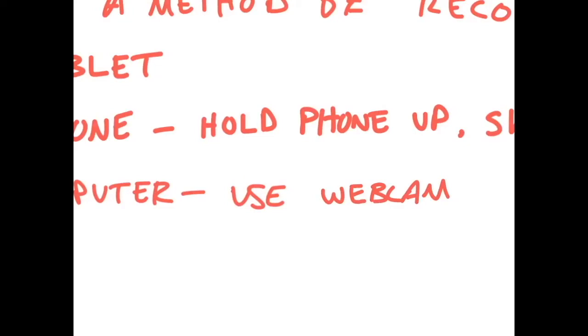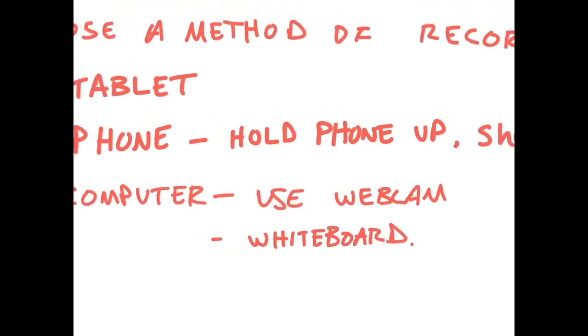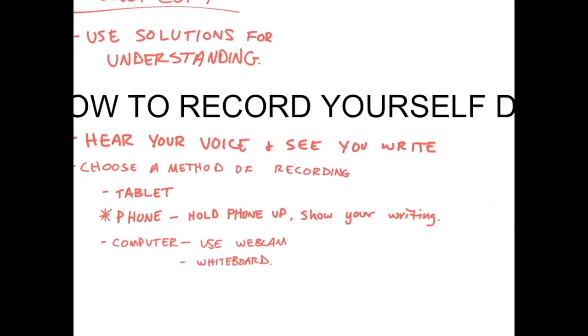You can use a webcam on your computer and a whiteboard and write on that. But the important thing is that I need to see you write and hear your voice. It may be awkward. It may take a little bit of getting used to, but those are some ways that I want you to do this.